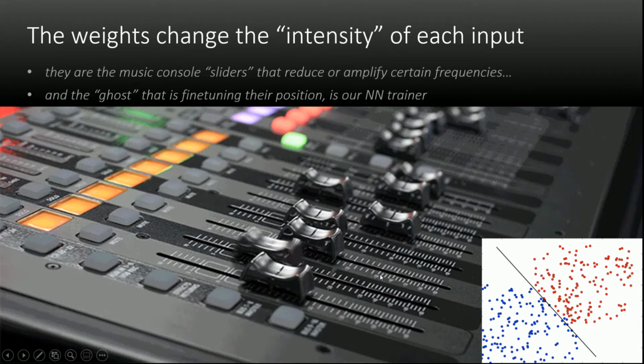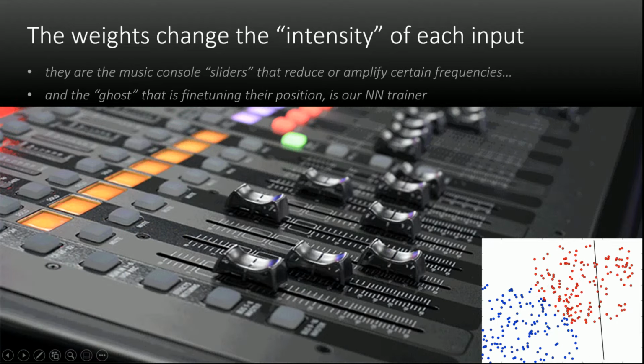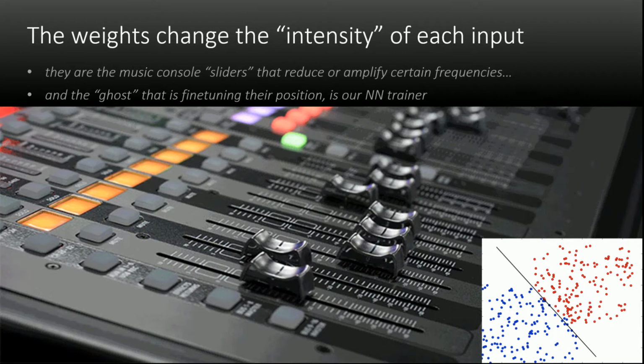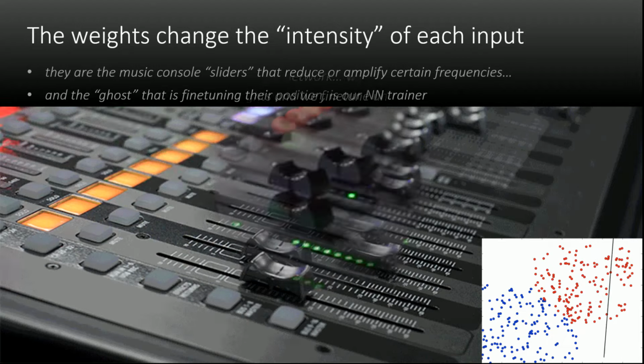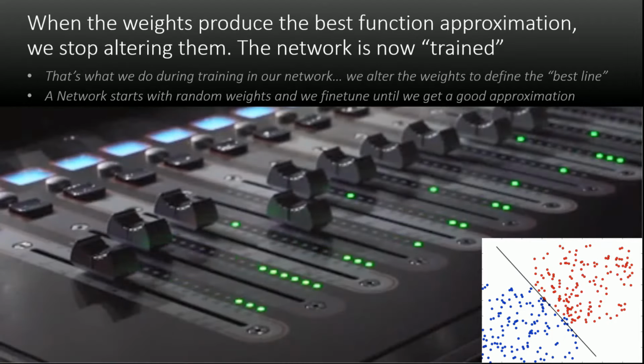Now when we have trained our network completely and it's okay, we stop moving the sliders and we leave them like that. We know now that we have a line that is in a correct position, and that's the best approximation that we get. So once we have the best approximation, we stop moving our line.